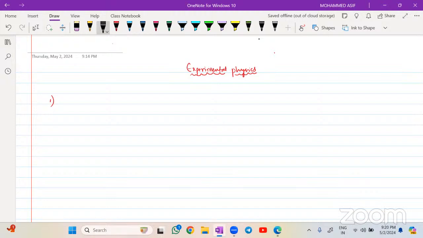Now see, in order to determine the diameter, like external diameter, internal diameter, depth of any object, what do we use, beta? Vernier calipers, isn't it?